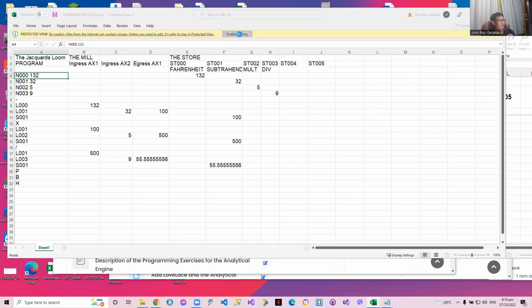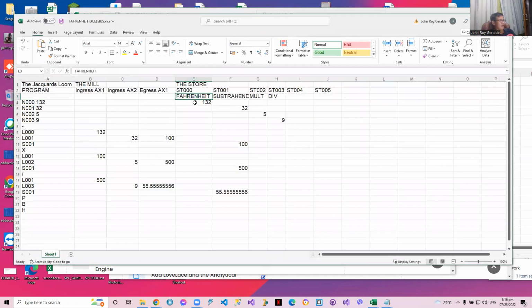Nandito yung Fahrenheit, 132. 32 is our subtrahend, no? And then multiplier is 5 and divisor is 9. So first we deduct L00, 32. So 132 minus 32, that's 100. And then we times.